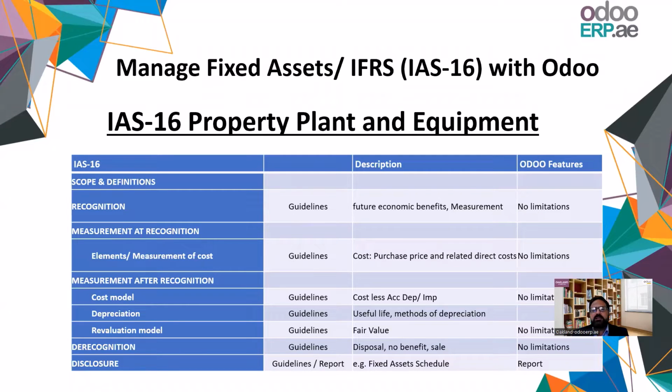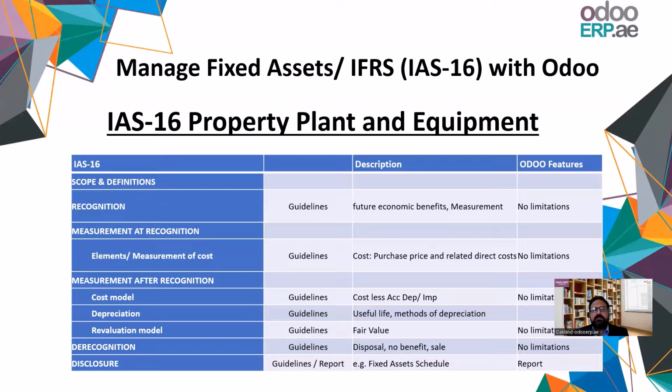Next, in IAS-16, we have measurement at recognition, and in this section we find the guidelines related to the elements and measurement of costs, including purchase price and other related costs. Other related costs may include transportation or installation costs and any other direct costs.